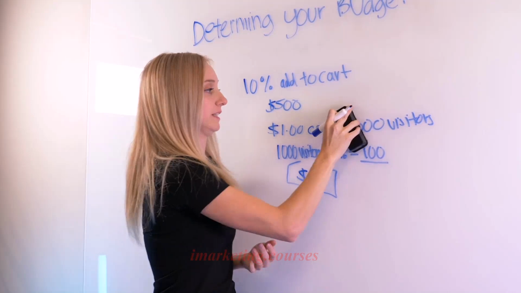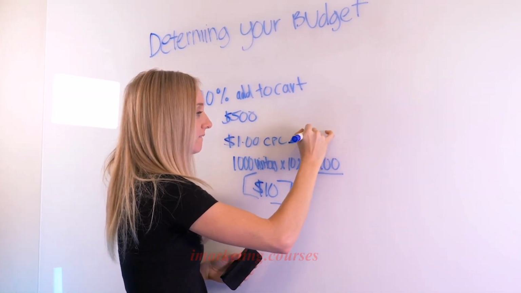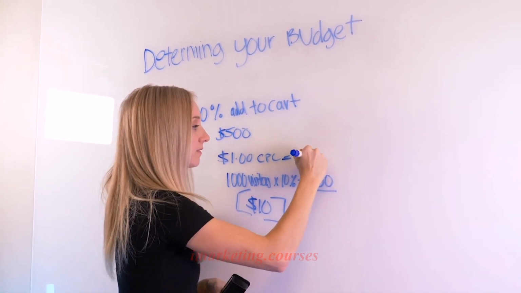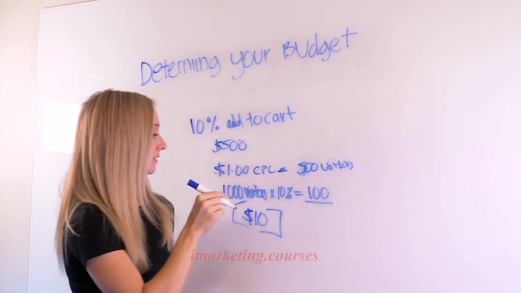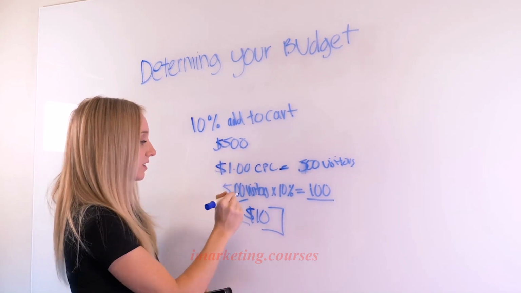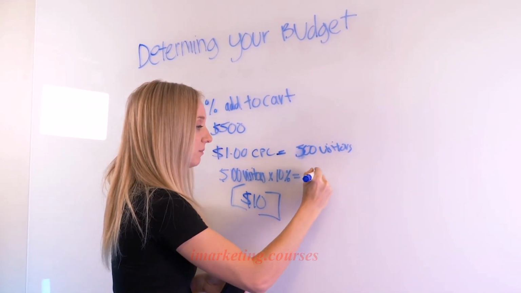which would result in, at a $1 CPC, that would be 500 visitors to your site. And then from those 500 visitors, a 10% add to cart rate would mean that I'm getting to those 50 add to carts a week.